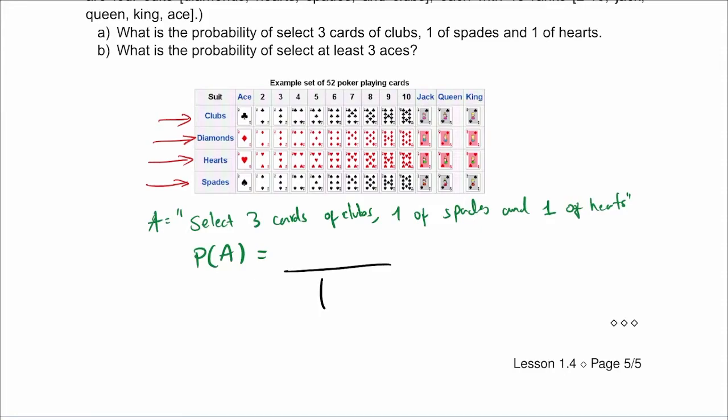So we have that from 52 cards, we are choosing 5. So it's 52 choose 5. We have that combination in the denominator.